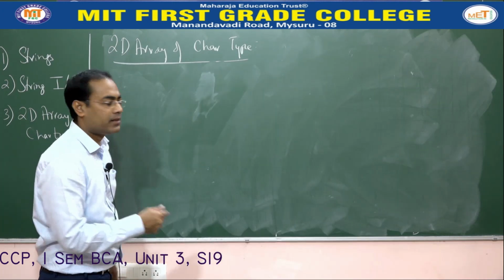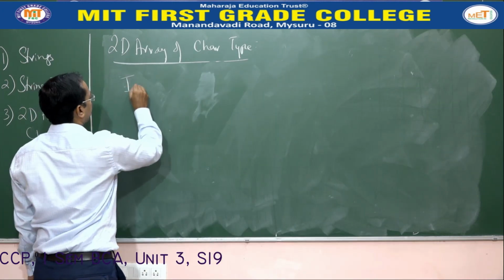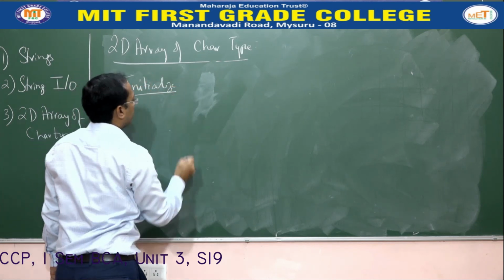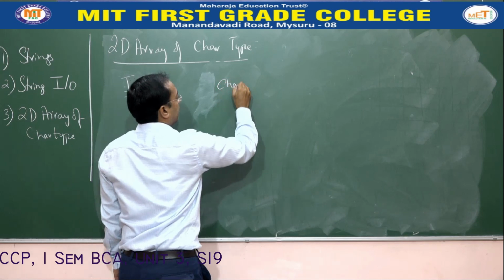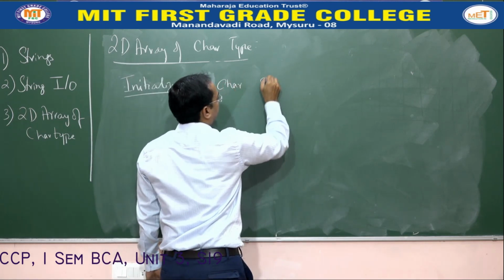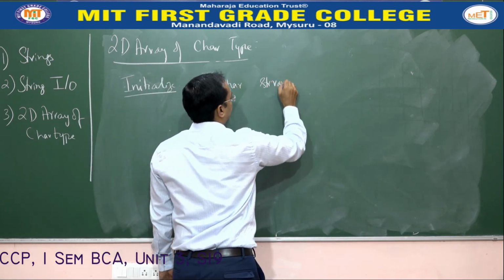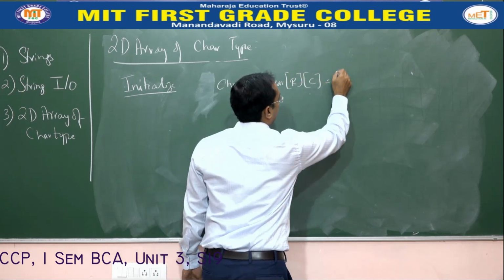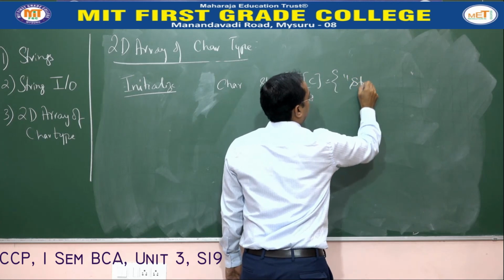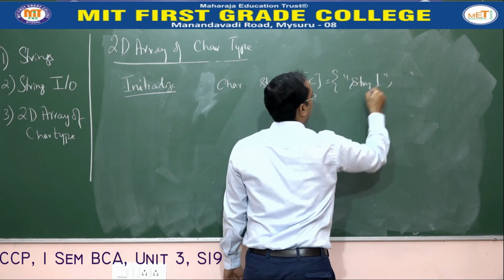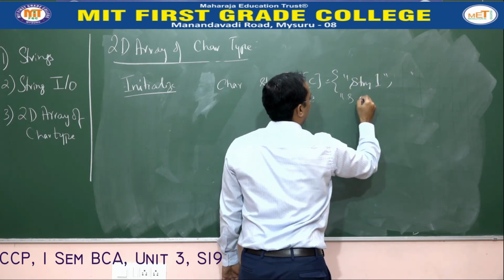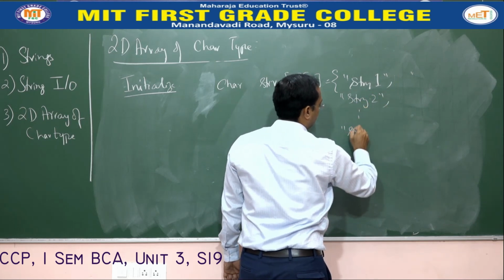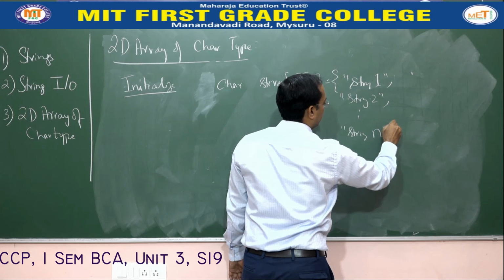Now we will see how to initialize the 2D array of character type. It's very simple. Variable name, row index, column index, and then string 1, comma, in quotes, string 2 and string n.